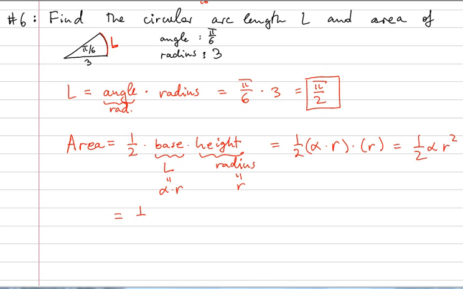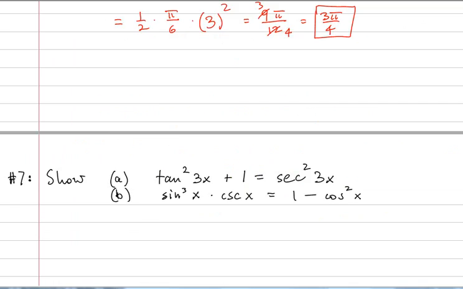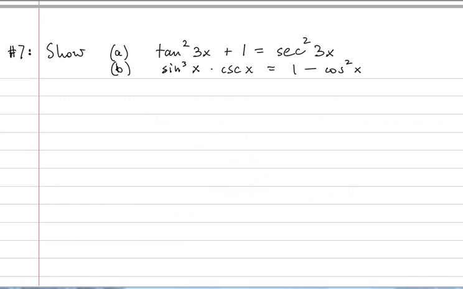So this is 1/2 times angle pi over 6, and radius is 3. So I have 9 pi over 12, and I can cancel this. So this is going to be 3 pi over 4, and that's going to be the final answer for the area of this segment.